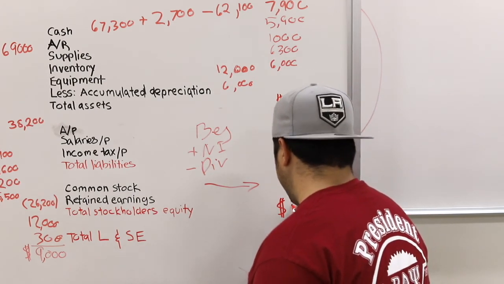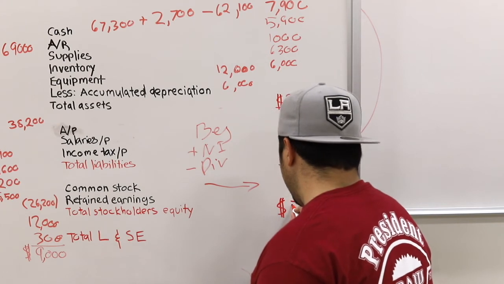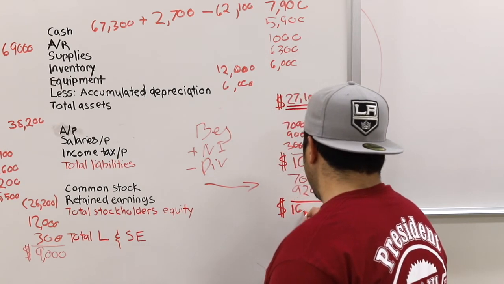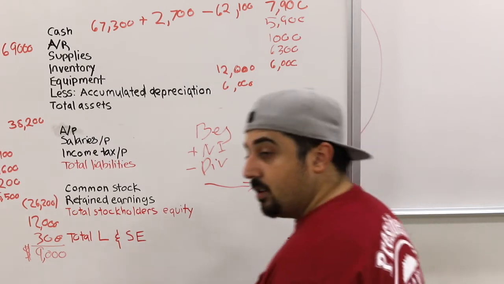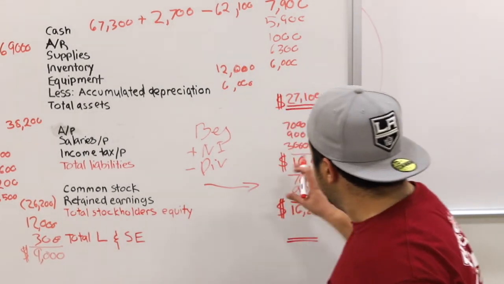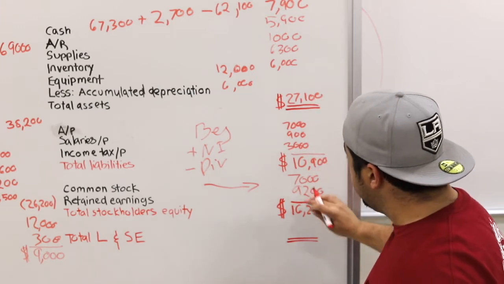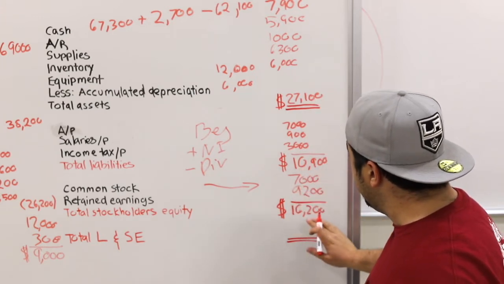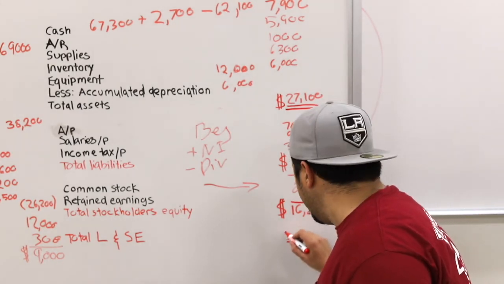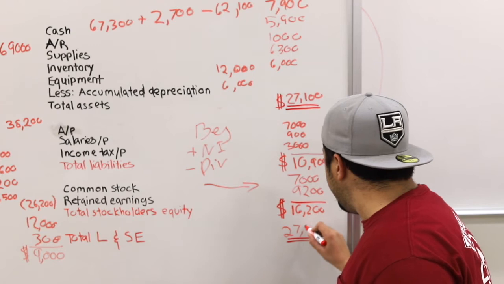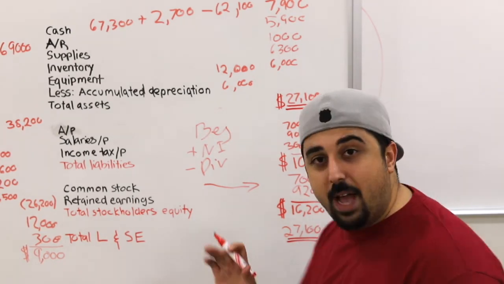And you get 16,200 of stockholders' equity. And once you add these two up, the 16,200 and the 10,900, you get, bam, 27,100. Magic.